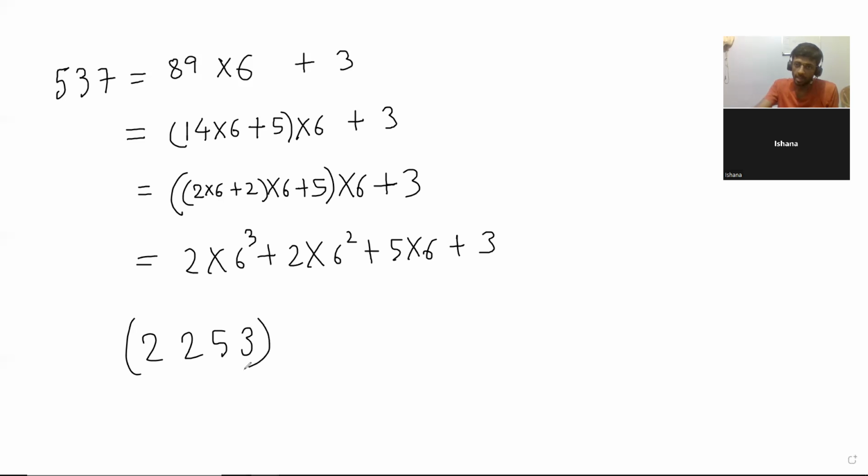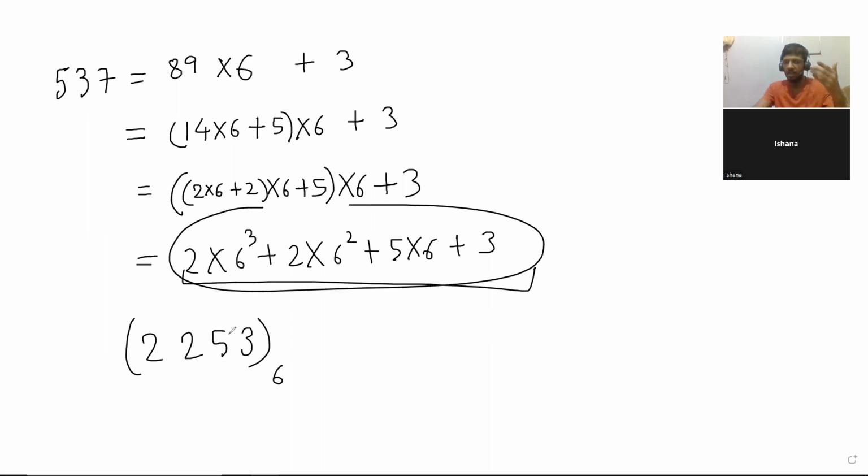So these are the digits in base 6. What is that number? That's a philosophical question. But when we say what is that number, we mean what is it in base 10? So the quantity is this, and its digits are 2253.